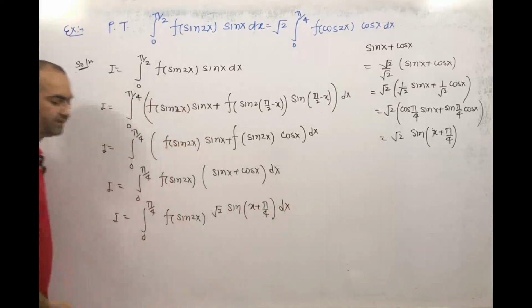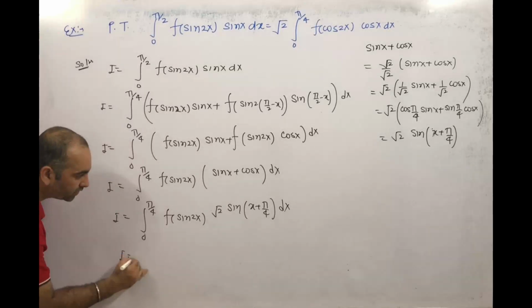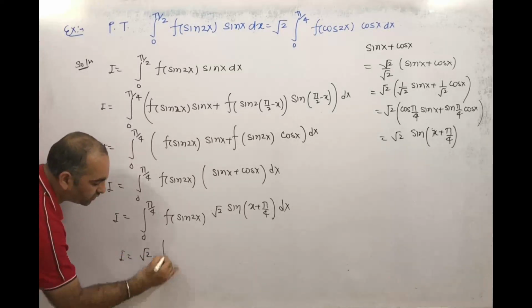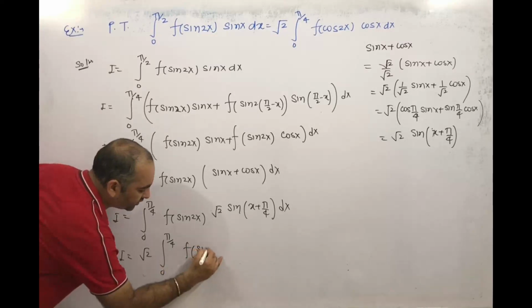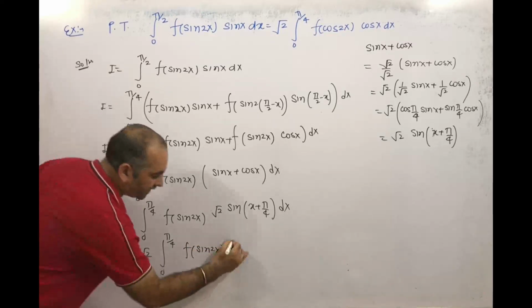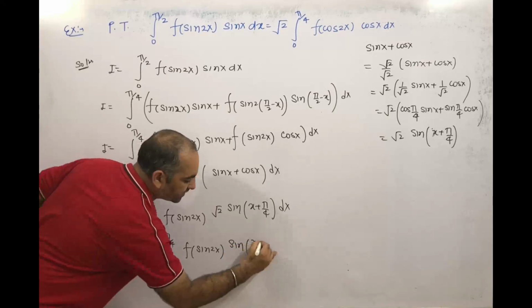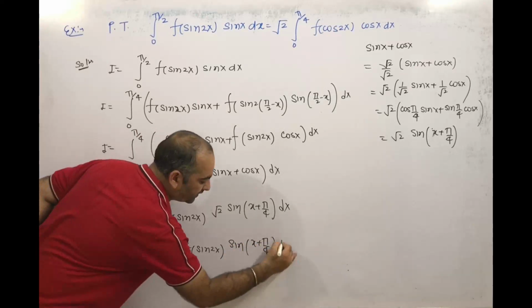So this will come out: I equals the integral from 0 to pi by 4 of f of sin 2x, and this one we write root 2 times sin of x plus pi by 4 dx. So I equals root 2 outside, the integral from 0 to pi by 4 of f of sin 2x, sin of x plus pi by 4 dx.